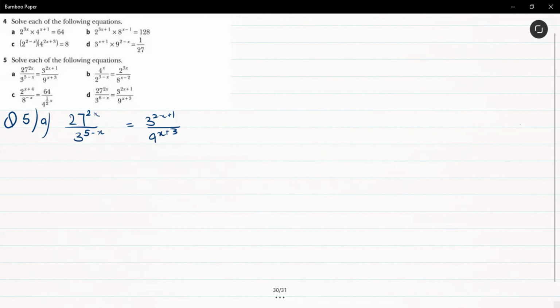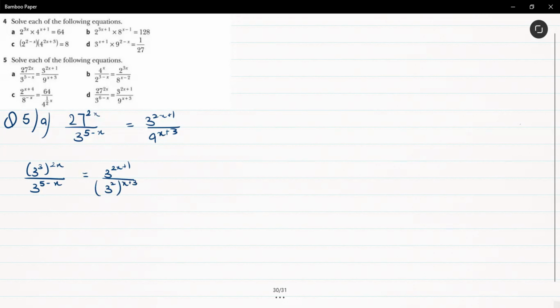So right now we are going to get the most basic value of the index, which is 3. So we are going to say 3 cubed raised to the power 2x divided by 3 raised to the power 5 minus x is equal to 3 raised to the power 2x plus 1 divided by 3 squared raised to the power x plus 3.